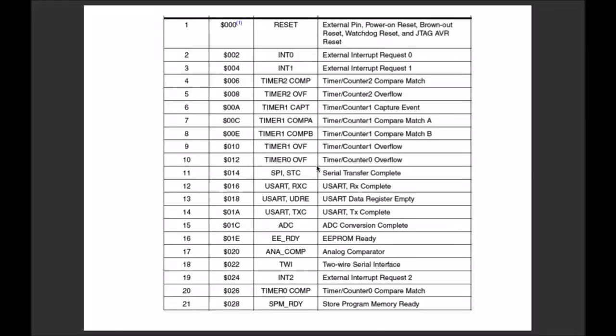In future tutorials we will learn about all these interrupts one by one. Reset is the most powerful interrupt. If you generate a falling edge on reset, the microcontroller will reset. All the interrupts will get disabled at that time, and the microcontroller will restart. Similarly INT0 is the second highest priority interrupt. Next is INT1, next is timer 2 compare, and so on.